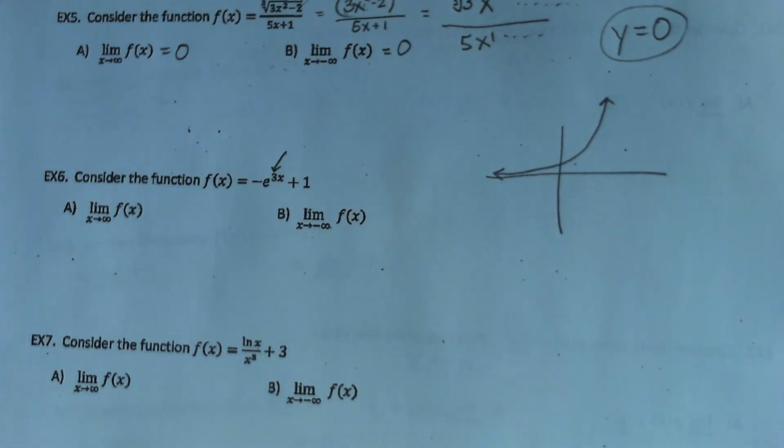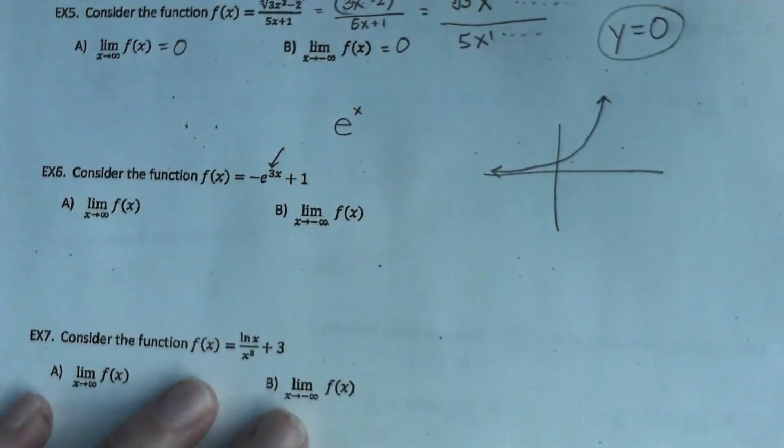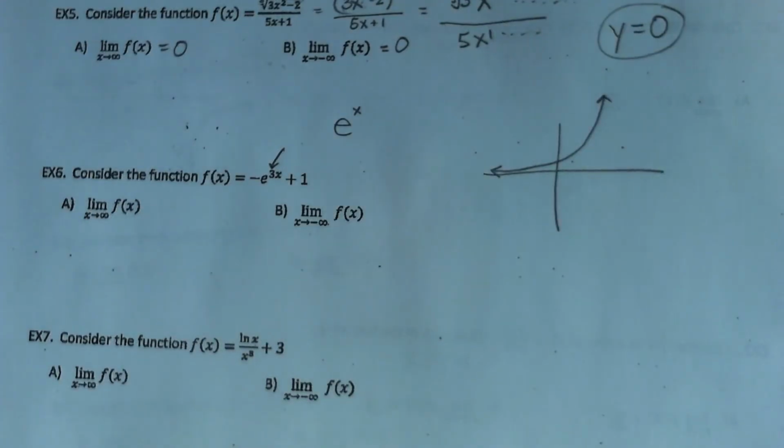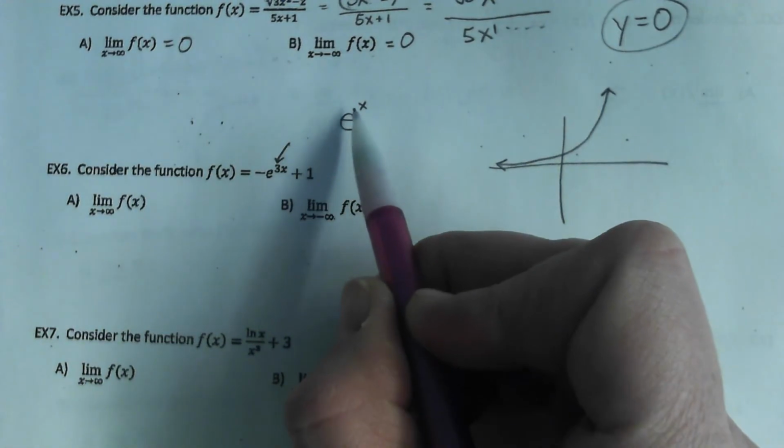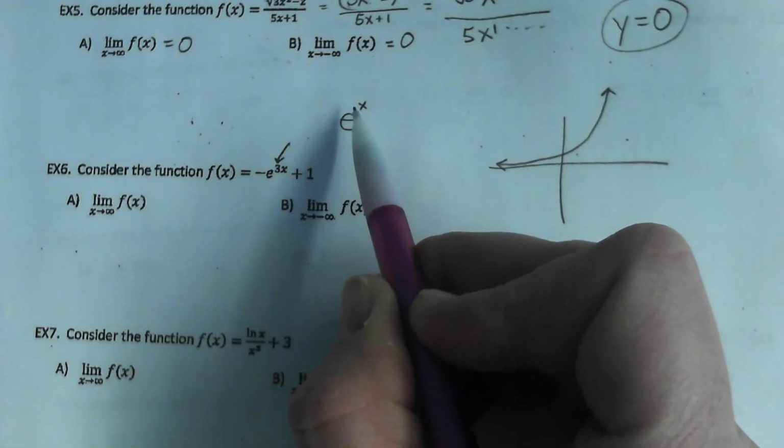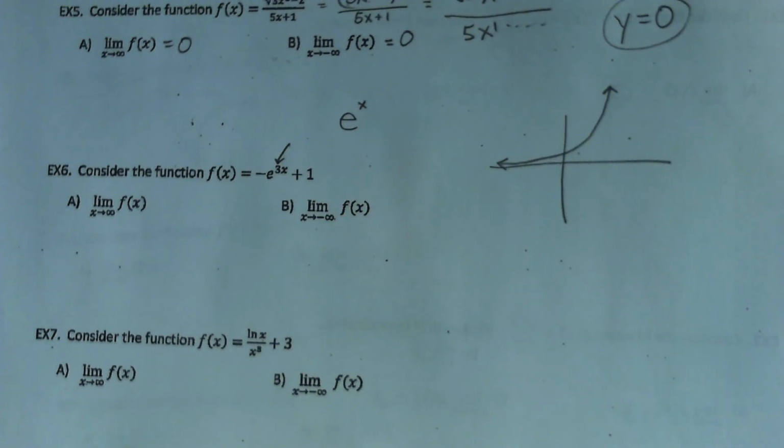Horizontal or vertical? If the parent graph is e to the x, is that 3 happening inside the function or outside the parent function? Isn't the 3 slipped in literally inside the function? Okay, so that's inside. So is that horizontal or vertical?